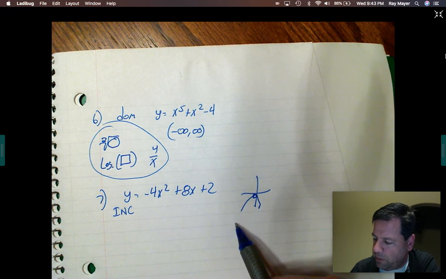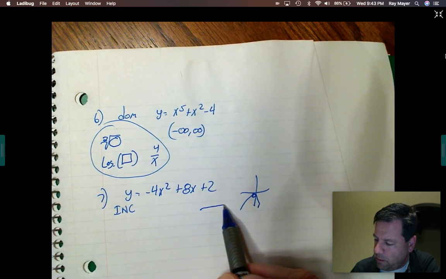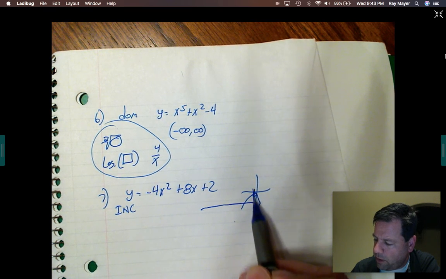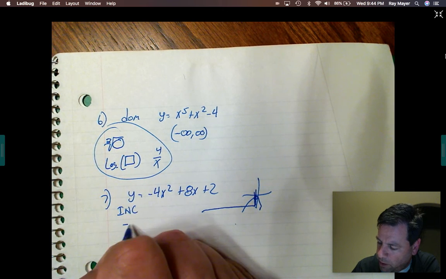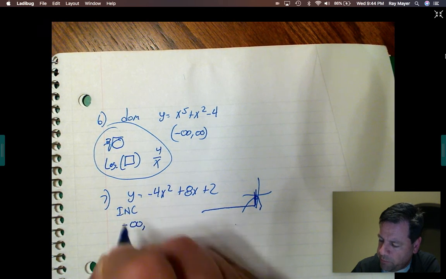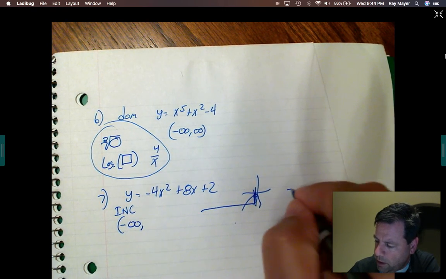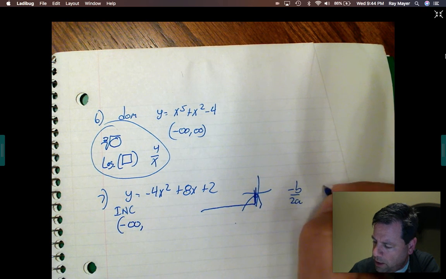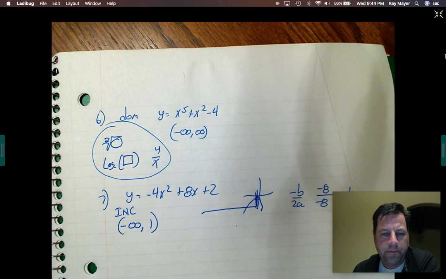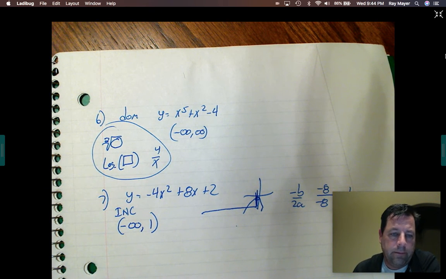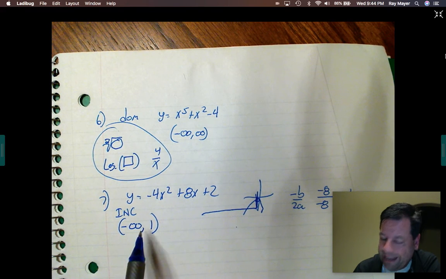It's increasing, then stops increasing, and I've got to figure out what that value is. So it's increasing from negative infinity to negative b over 2a, negative 8 over negative 8, till 1.